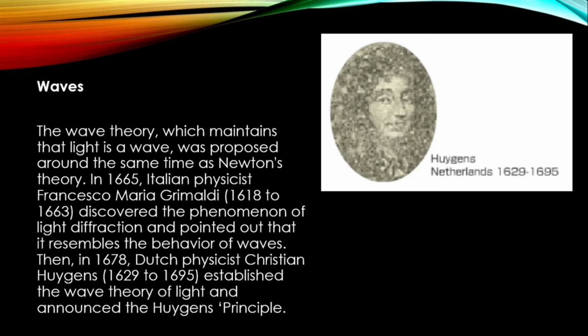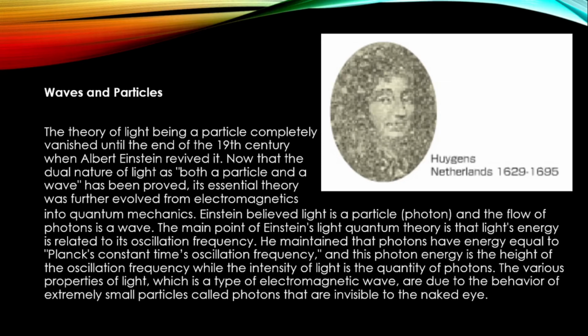But that concept is not the original of Huygens, it comes from Francesco Maria Grimaldi, an Italian physicist. Okay, and then the theory of light being a particle completely vanished until the end of the 19th century when Albert Einstein revived it. So Albert Einstein revived the theory that light is a particle.